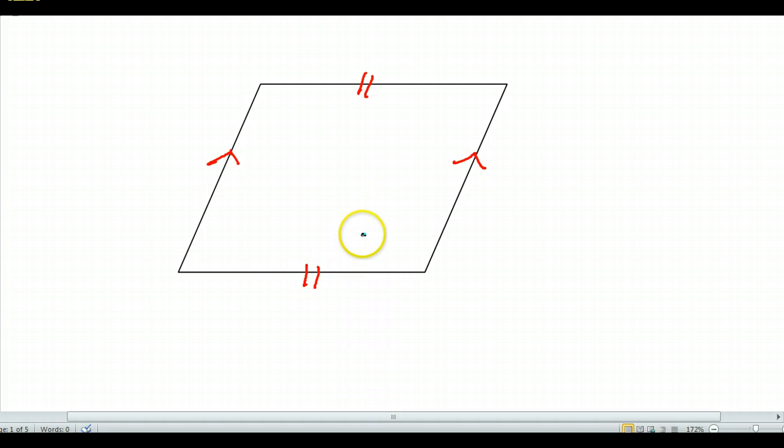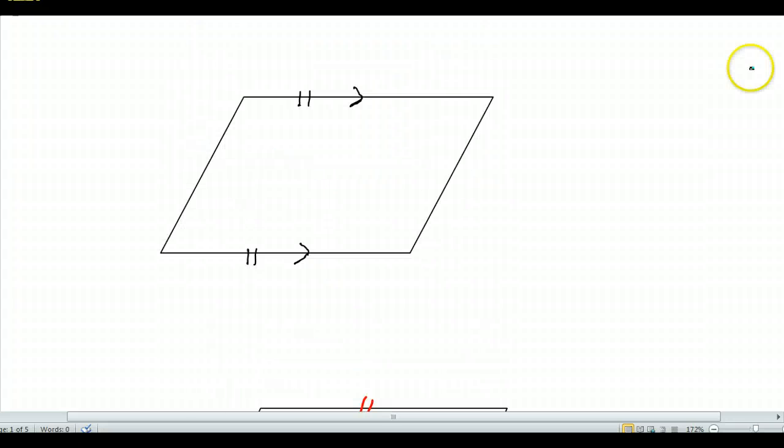Would this be enough information for me to know that this is definitely a parallelogram? No, this would not be enough information because it has to be the same pair that's parallel and congruent at the same time. It can't be one of each. It has to be the same pair twice, like I have in this picture. This one, yes, that's definitely a parallelogram.